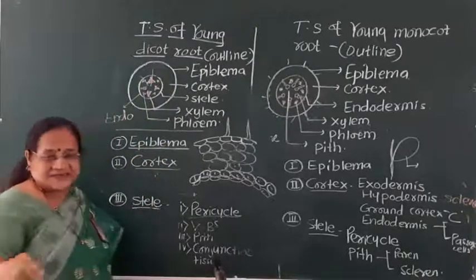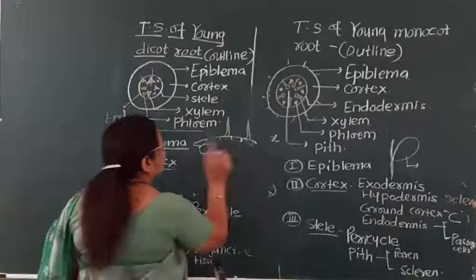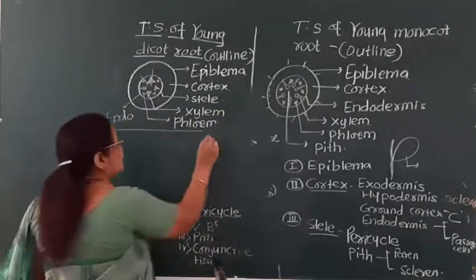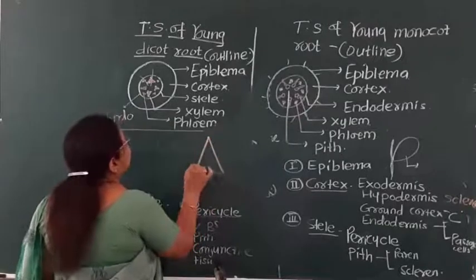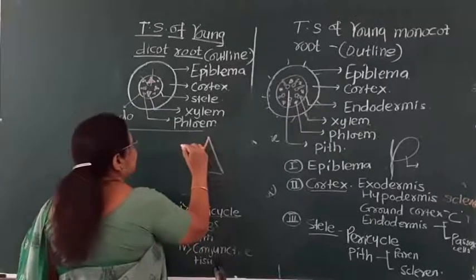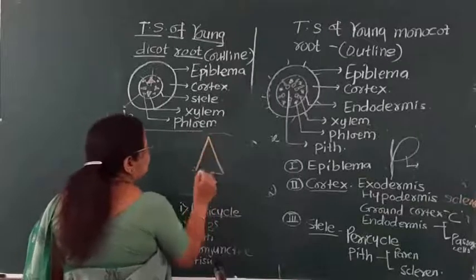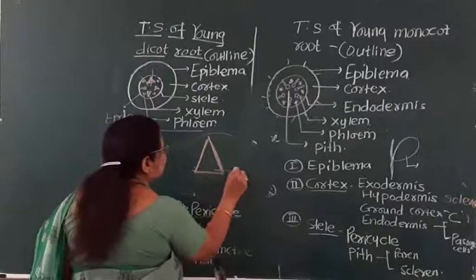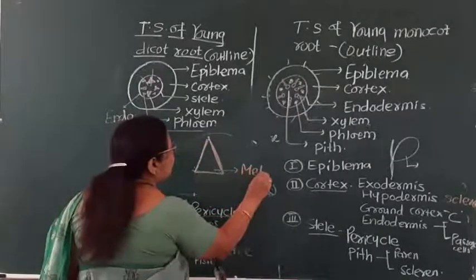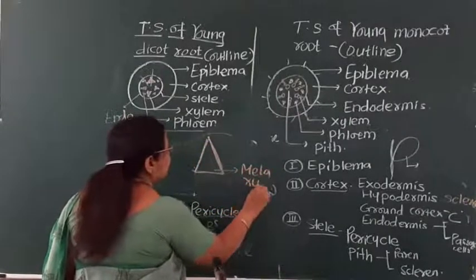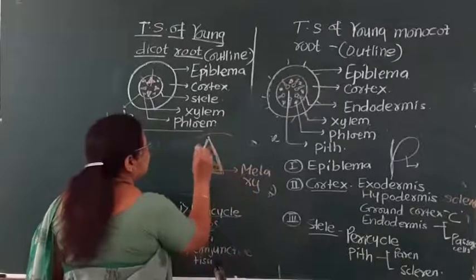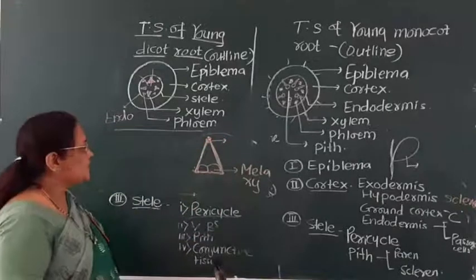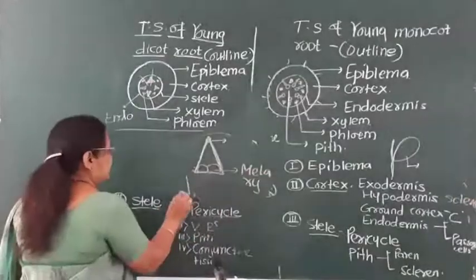So how is this structure? The xylem shows a structure like this. Here you get the pericycle, and the xylem again has 2 parts. The metaxylem has larger vessels, and the protoxylem has smaller ones.